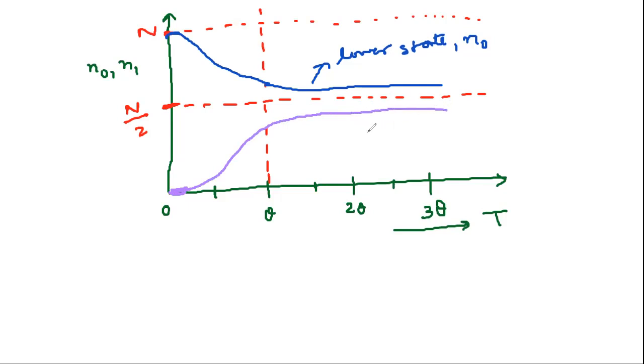So this represents my upper state, occupation number pertaining to upper state, J equal to 1 state, N1. I name it figure 1.